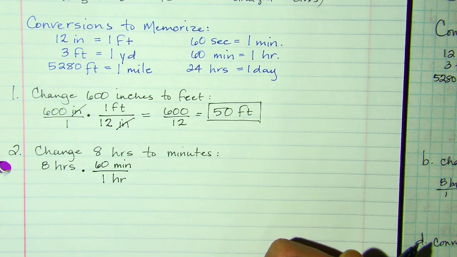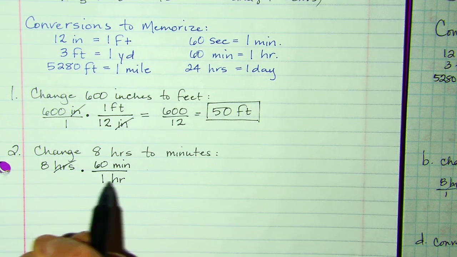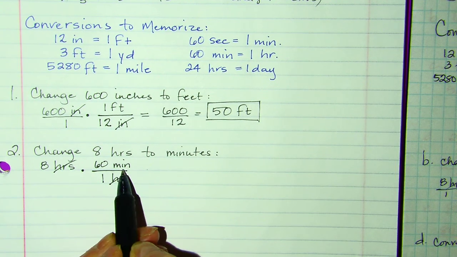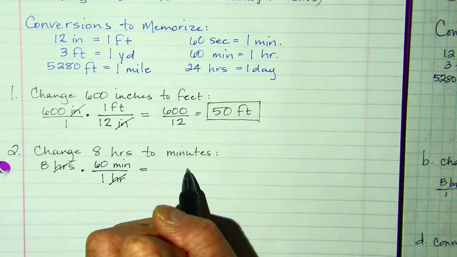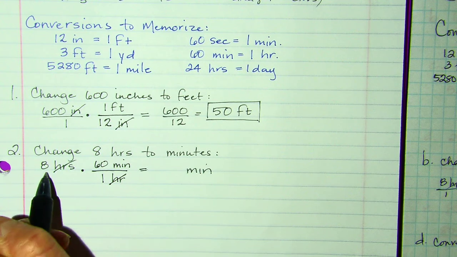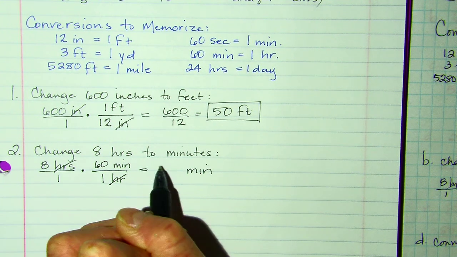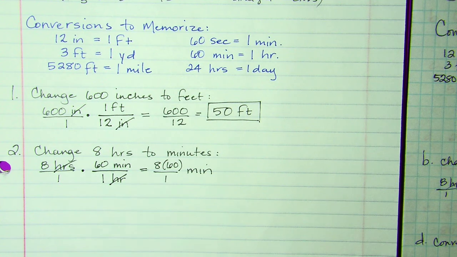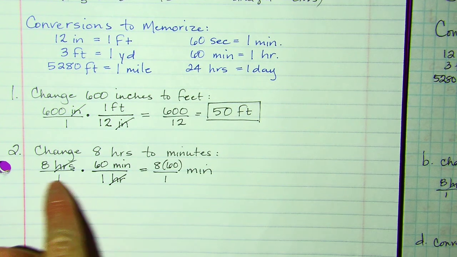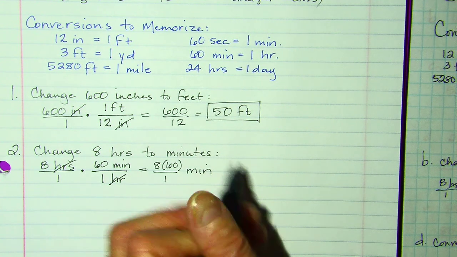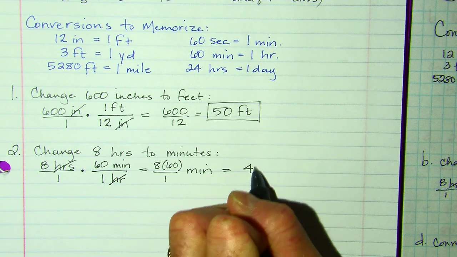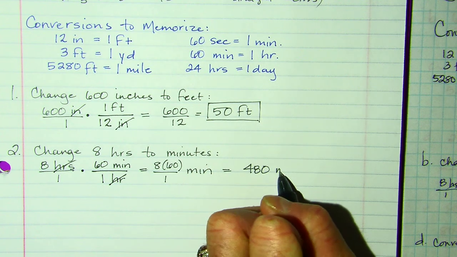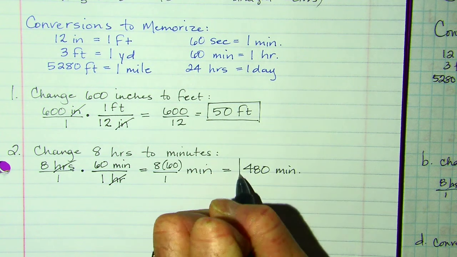And hours canceled. The only dimension left is minutes. There's nothing on the bottom but 1, so I'm doing 8 times 60 over 1. And I don't really need that over 1, but notice the only thing on the bottom are 1s. So 8 times 60 gives me 480 minutes.